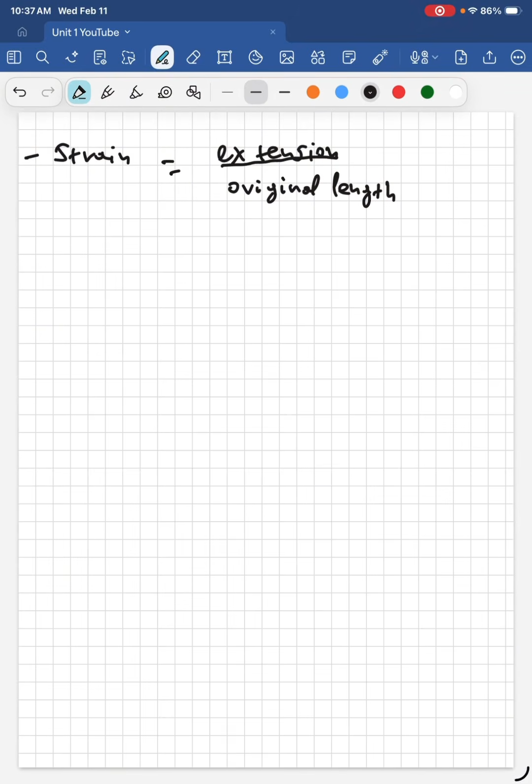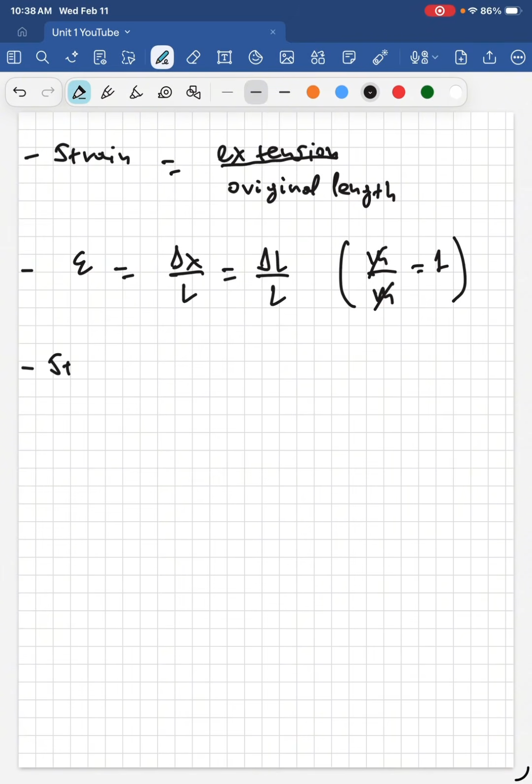Mathematically it's denoted with the Greek epsilon, which is equal to delta x, the change, the extension, over L. Sometimes they write it as delta L over L. It's the same thing. And notice that it's dimensionless, right? So meters over meters is the units. So this is equal to 1. So strain is dimensionless.